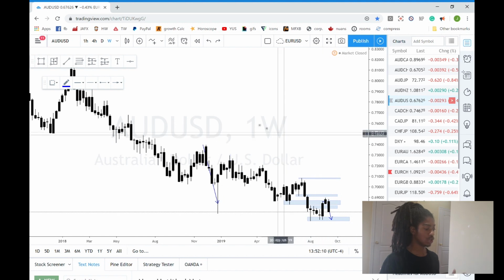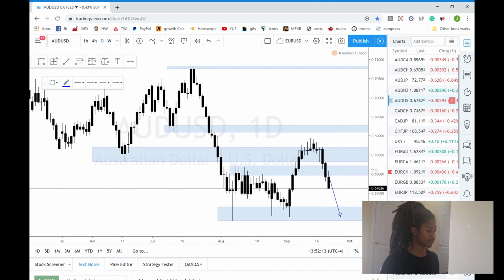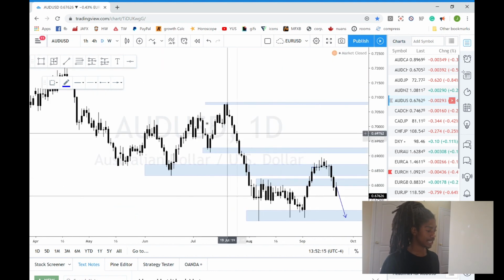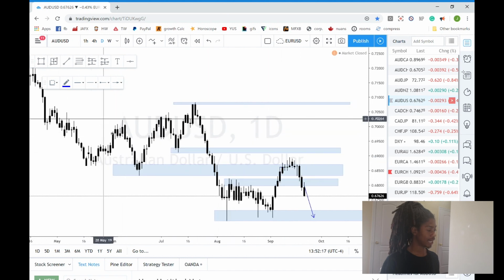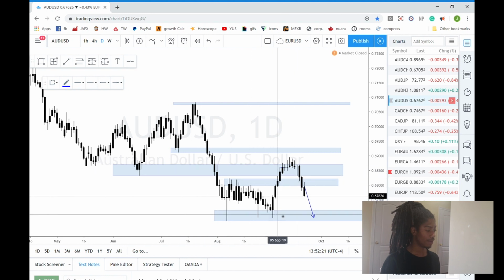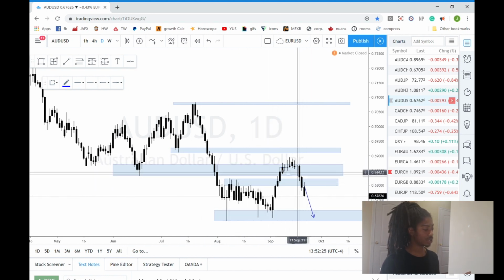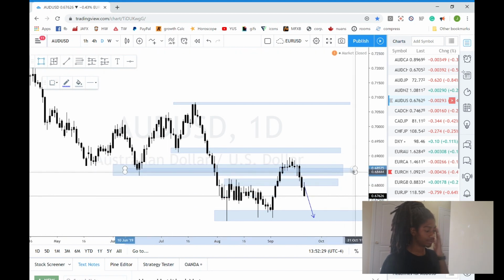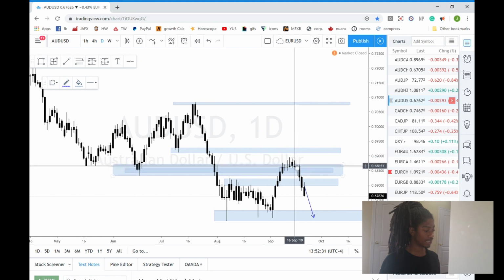right? So going on to the lower time frame, just to grab some more detail, we can see that the candles rose, they were making these higher highs, it fell. And then what has happened recently is that price rose back up to this weekly resistance area right here. Price did break up.